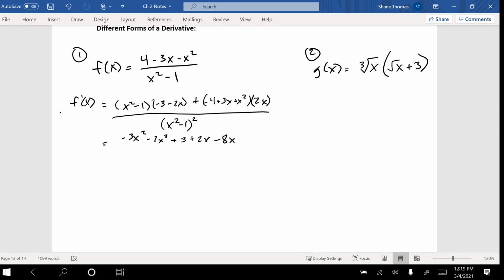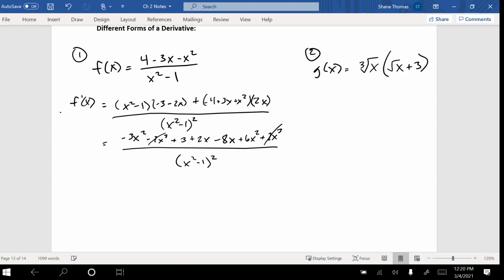Negative 3x times 2x is 6. Oh, I made a mistake right there. 6x squared plus 2x to the third. Yep, mine's wrong. I made a mistake. All over x squared minus 1, squared. Okay. So looking across here, the cubes cancel out, right?